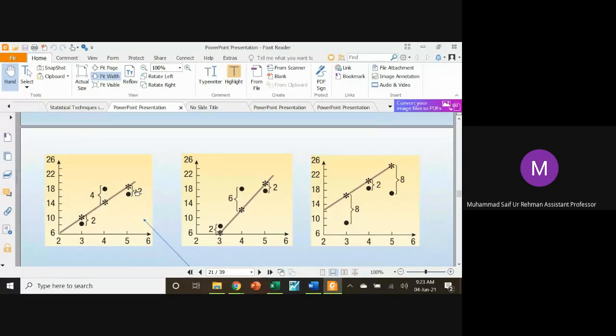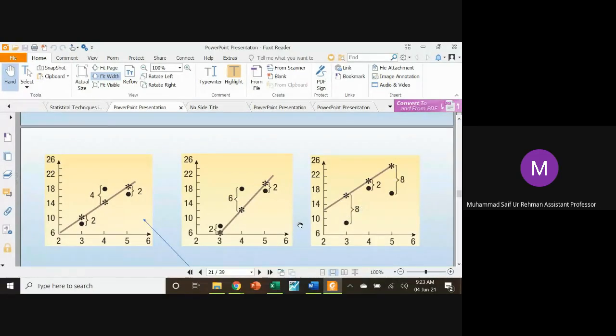Similarly, the difference in this case is 2, in this case 2, but in this case the value of x is 4 and the value of y is 18, while the line passes through the point where y is 12 and x is 4. So the distance between these two will be 18 minus 12, which is 6. Similarly, in this case, 8 is the difference.